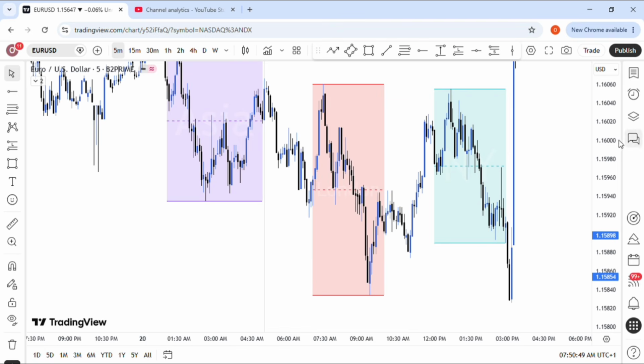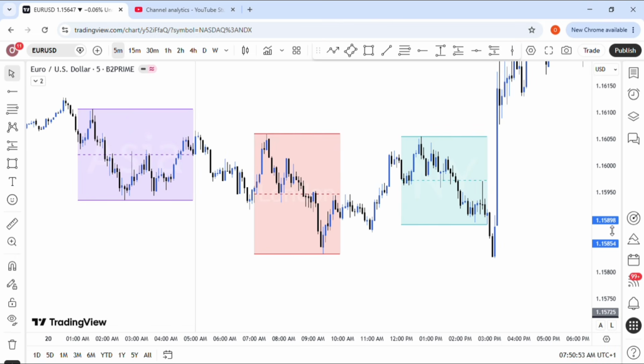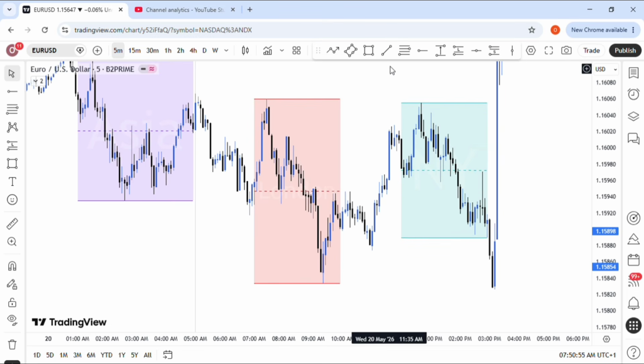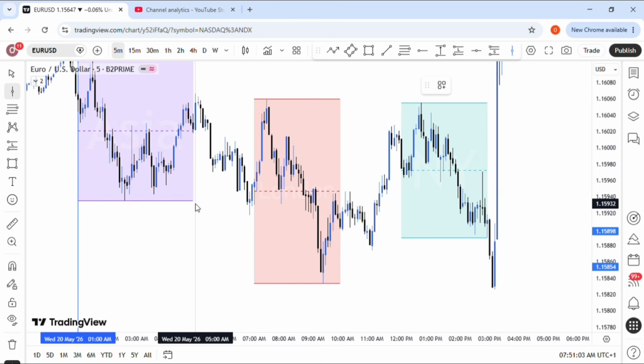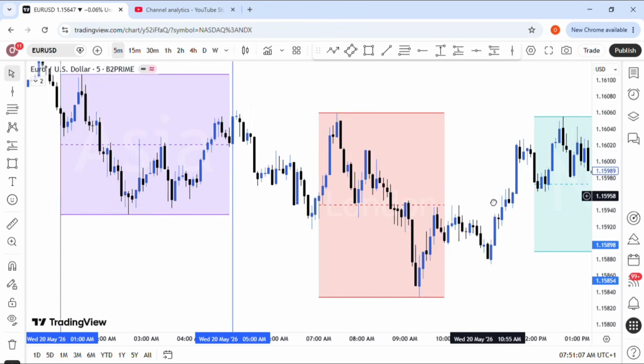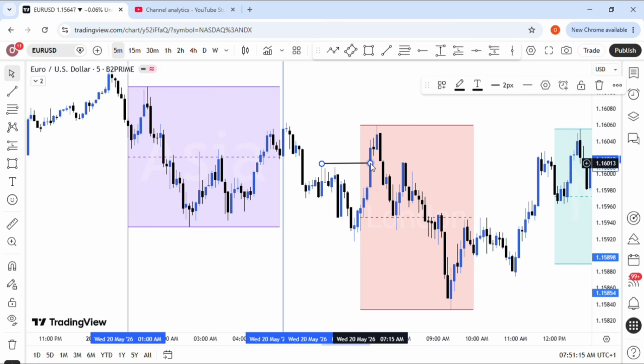Guys, this is another example of this particular setup formation. You can see now that this is our normal Asian range from here to here, and our break of structure to the upside happens inside pre-London. This is invalid.